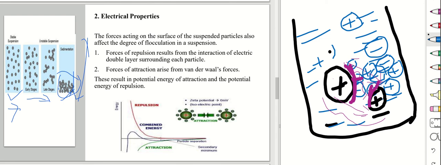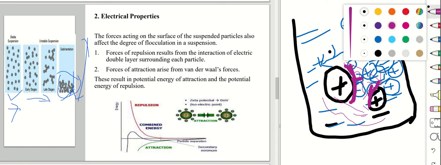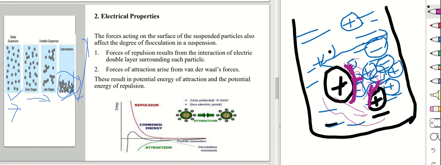as the distance from the drug particle increases, the potential between or across the drug particle and the surrounding also changes. The potential gets decreased. The potential that actually exists on the surface of the particle will be more when compared to the potential that is distributed in the dispersion medium.